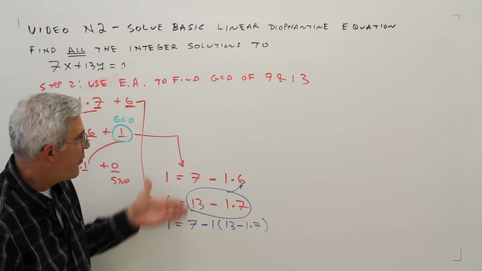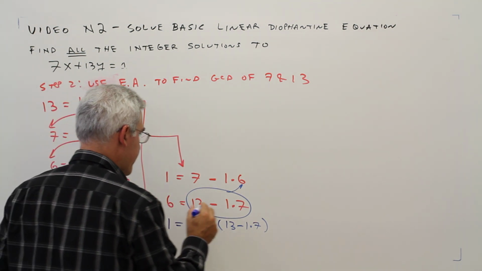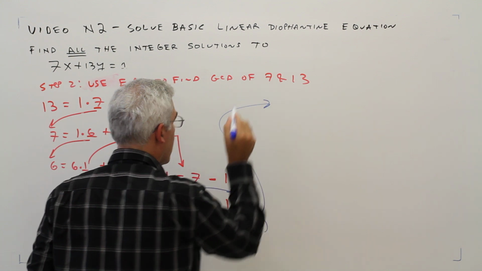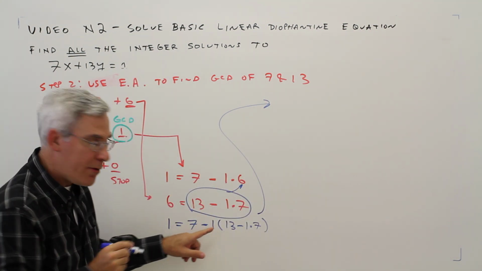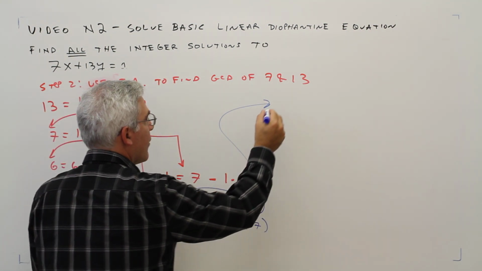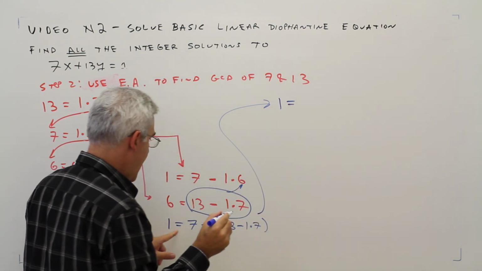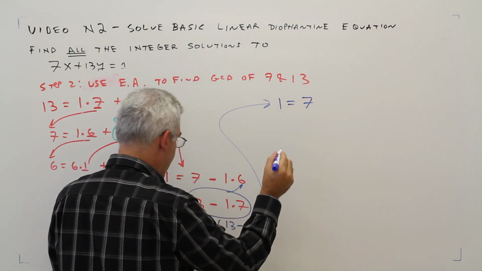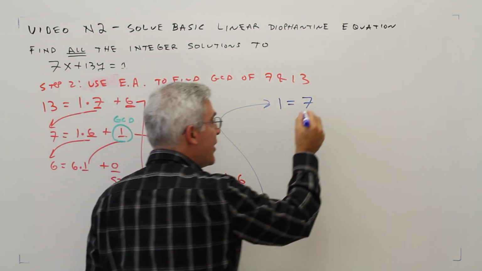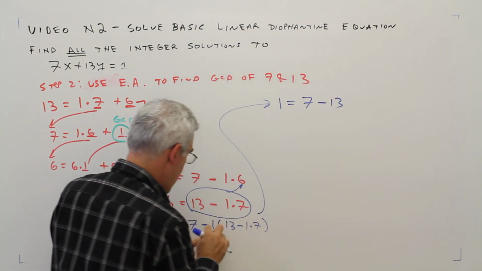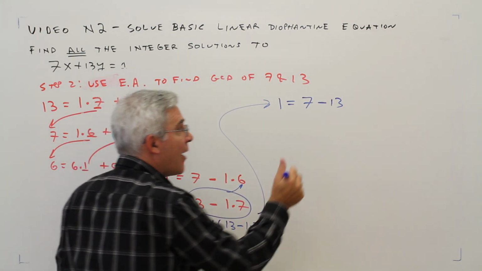I'm going to distribute this 1. So I'm going to have 1 equals 7 minus 13 plus 1 times 7.